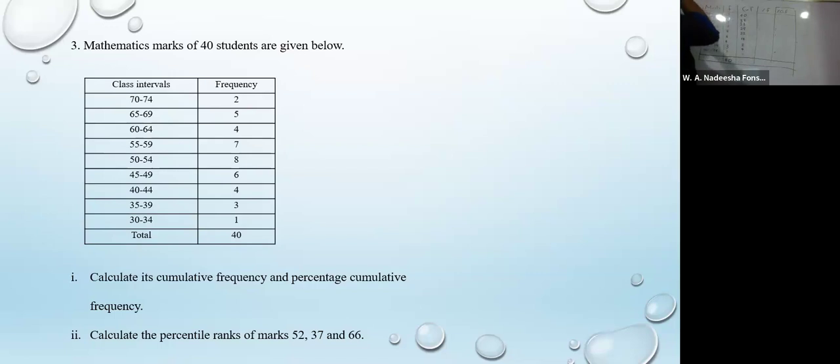Then percentage frequency. Again 40. 2 over 40 into 100. Means 5.